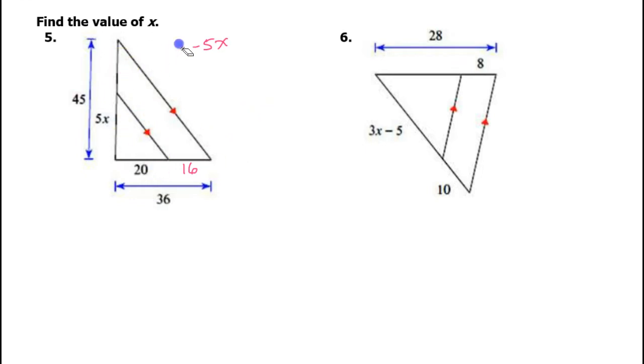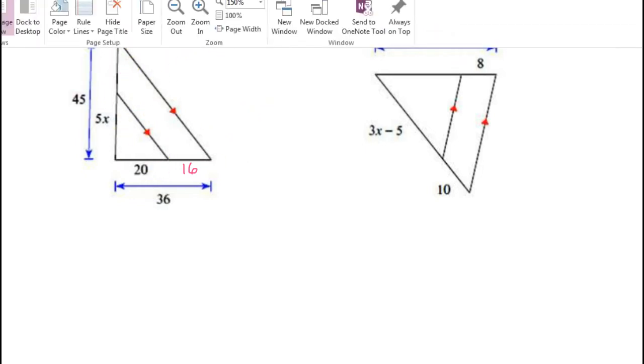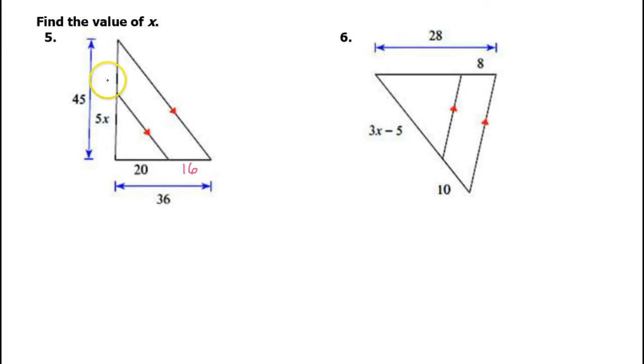Maybe I can squeeze it in there. Let's see. Can I write it sideways? 45 minus 5x. It's not too bad. So now I can do the side splitter theorem. Part over part is equal to part over part.